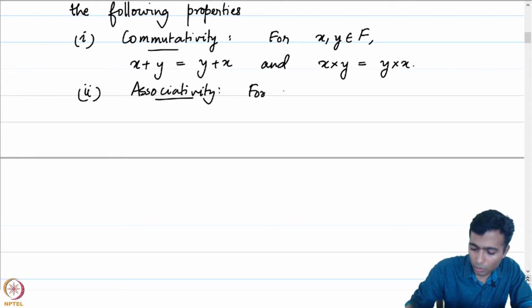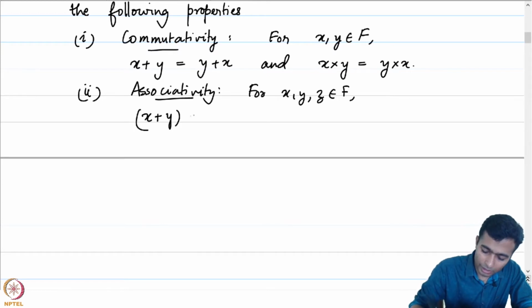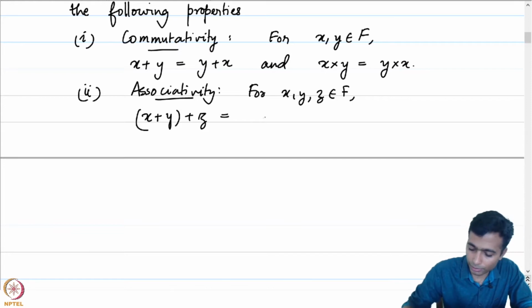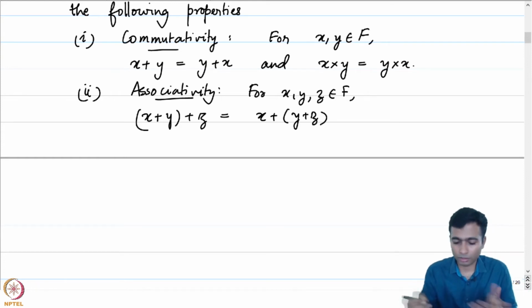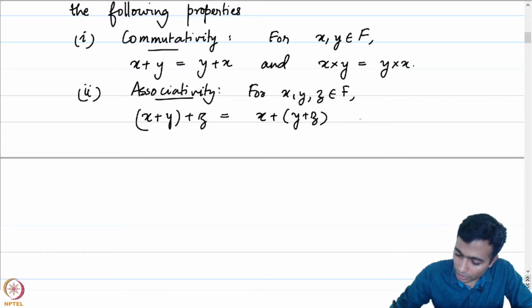So for x, y, z in F, if you add x and y first and then add it to z, this is going to be equal to x plus the sum of y and z. Which two elements you add first shouldn't affect the final result.